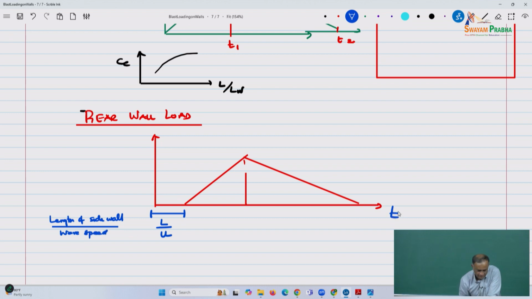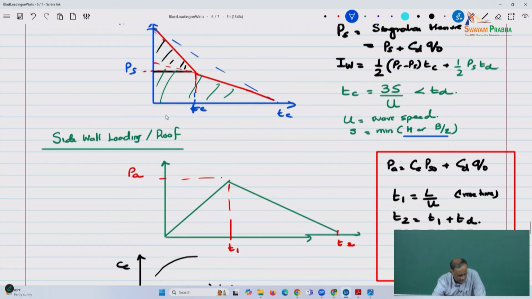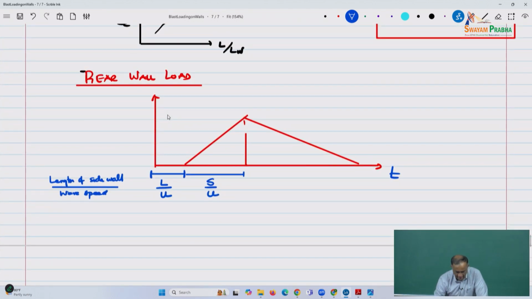So this is your time here, and this distance, rise time, is S over U, and S is the minimum, as we've talked about. Where was it? Somewhere here. S is the minimum of H, or the B by 2, and then this one is TD.